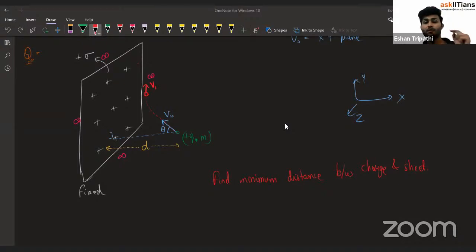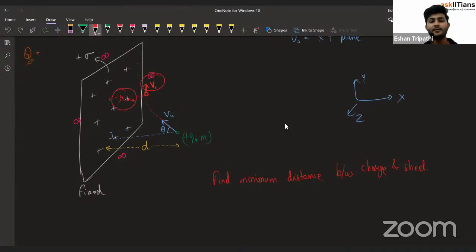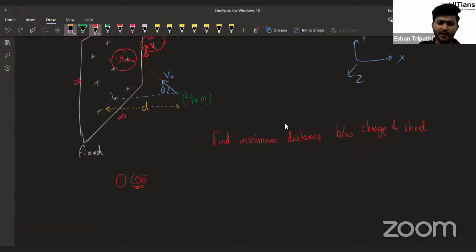right? So when it is at the minimum separation, which is this R minimum, which we are supposed to find, it will have a speed v1. So two variables are present over here. One is R minimum, another is v1. Both are variables for us. We need to find both of them. So first equation is going to be conservation of energy. According to conservation of energy, you guys are right. Which energy is being lost?